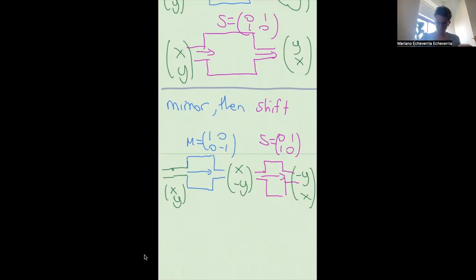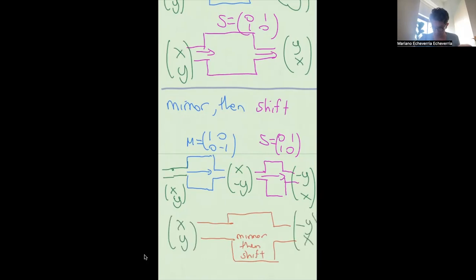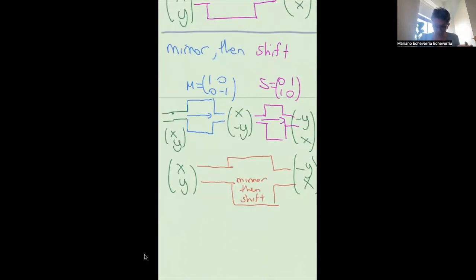So let's call this one the mirror then shift. So the mirror then shift machine literally starts with XY and gives you minus YX. And this one, if you think about it, you can extract the machine from the formula, right?